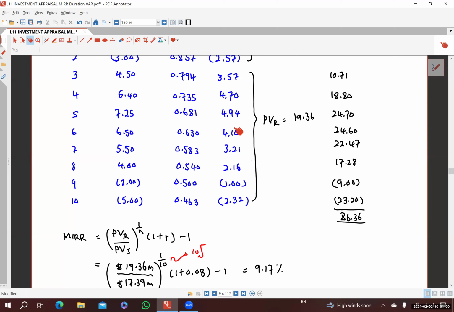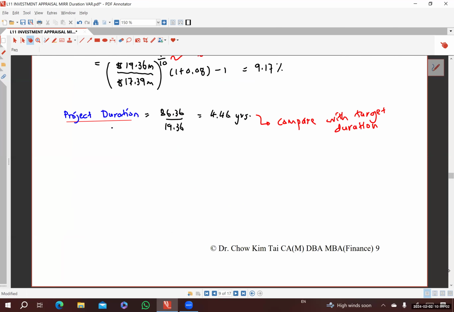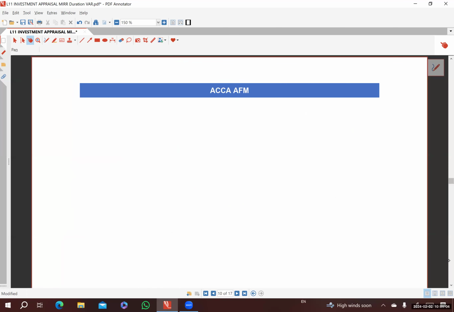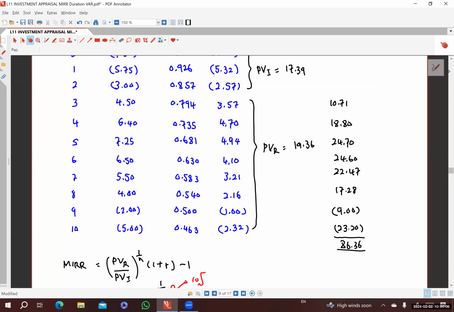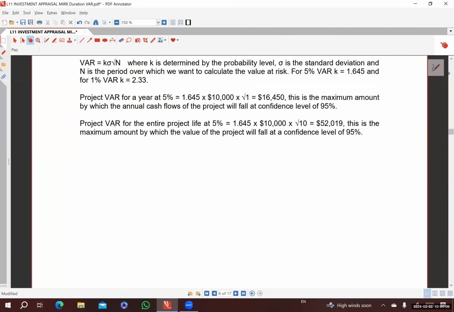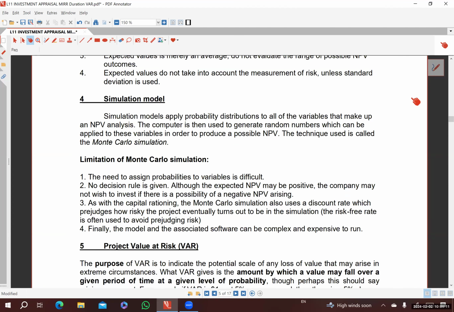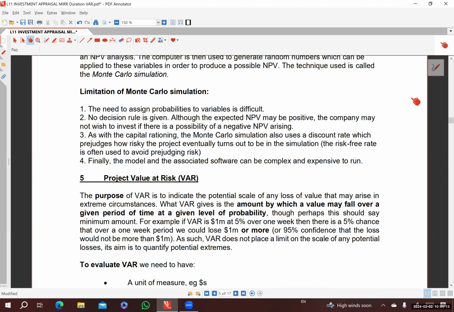Now that brings us to the last technique which I want to cover here, the value at risk, VAR.